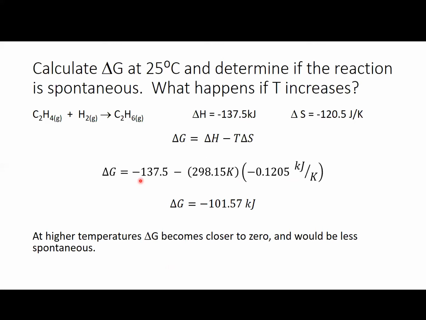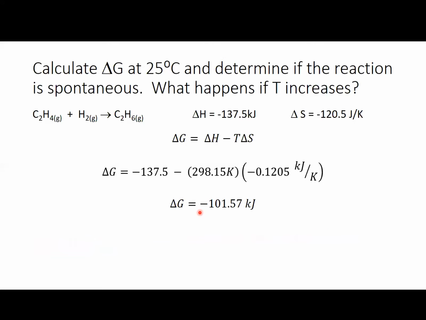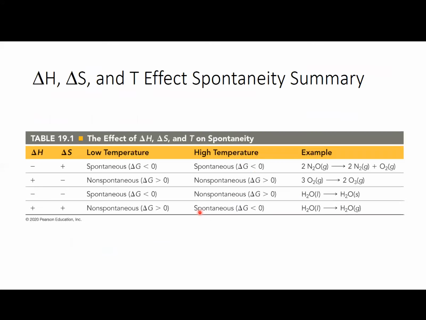Eventually, a number minus another negative number is like a positive. This will eventually cross the line and go into 0. So this stays spontaneous at low temperatures. At high temperatures, it is no longer spontaneous. And that is just like this one right here. Negative, negative.